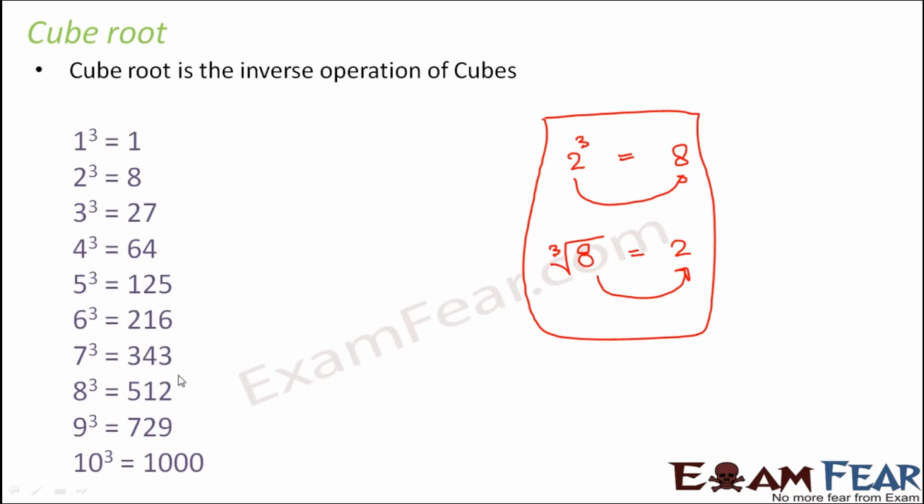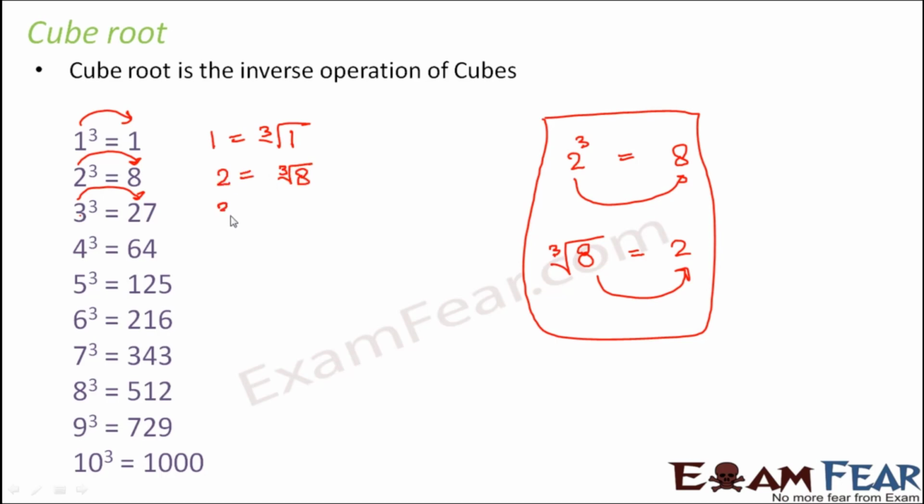Whenever you want to get 1 from 1, you cube it. You want to get 8 from 2, you cube 2. You want to get 27 from 3, you cube 3. Their inverse function would be like this. You want to get 1 from 1, you cube root 1. You want to get 2 from 8, so you cube root 8.